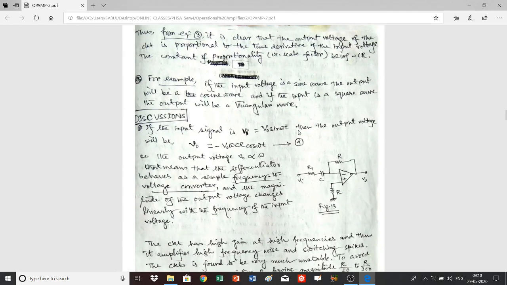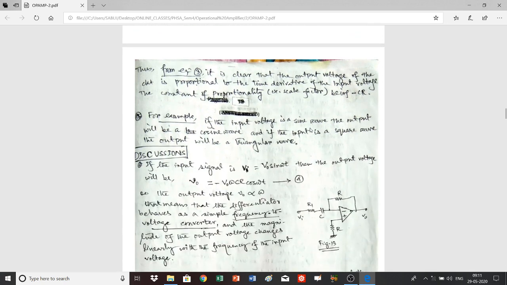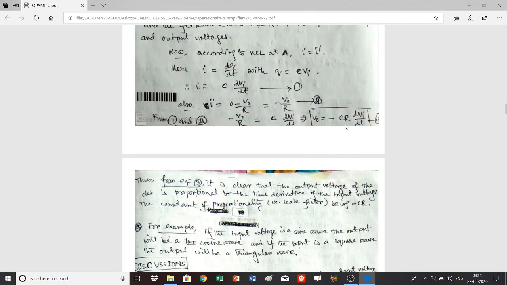Now a point to be discussed in this case here also, and you know that the output voltage is proportional to the time derivative of the input voltage. So if you use a sinusoidal voltage small vi is equal to V0 sine omega t, then the output voltage, denoted by small v0, will be the differentiation of this vi, with a constant multiplication of CR.